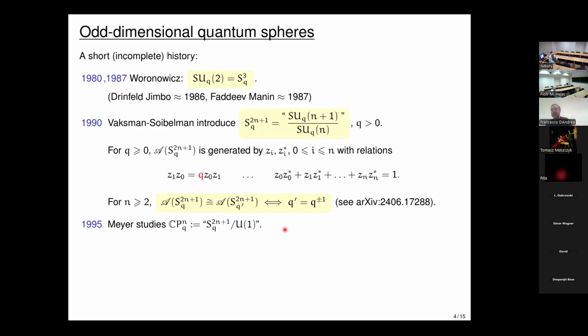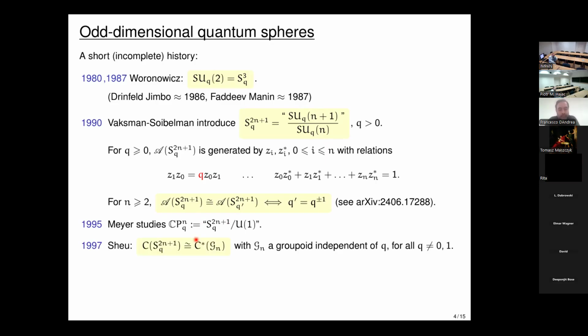Okay, so quantum projective spaces were introduced, I think, by Meyer. This is the first paper that I know about it, in '95. Yeah, and they were introduced as further quotients of these spheres by U1 in some sense. I mean, this is not really the original definition. I think the original definition is again from SUQ(N+1), but then, okay, it's the same.